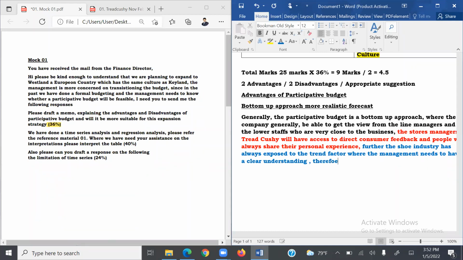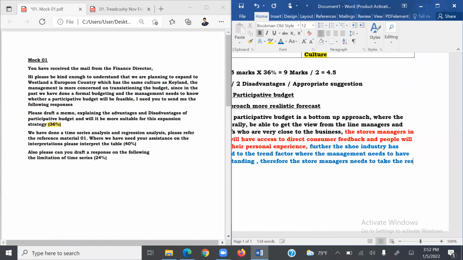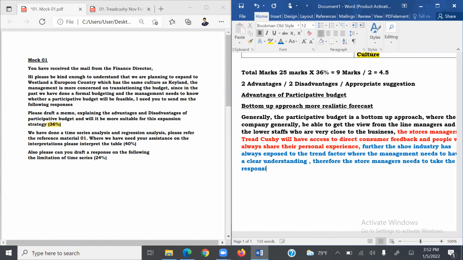Therefore, the store managers need to take the responsibility on determining the sales budget, which is critically important. Students, I believe this is giving you a better understanding.